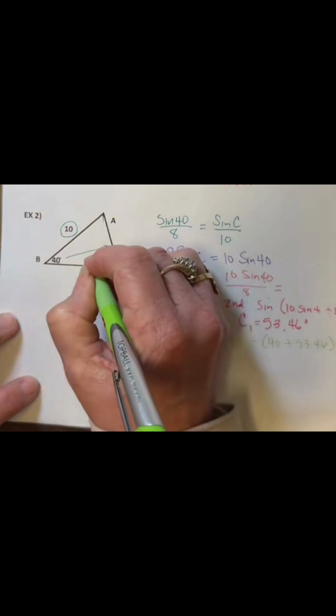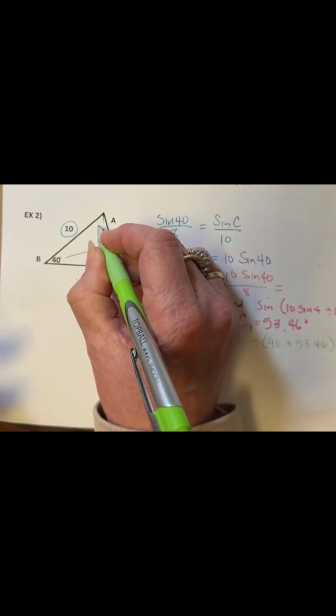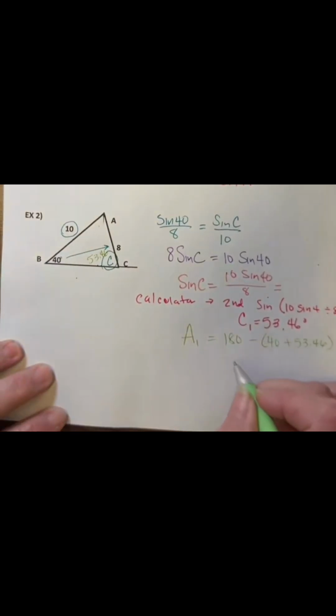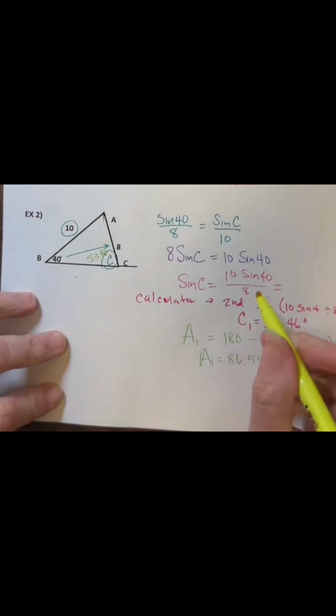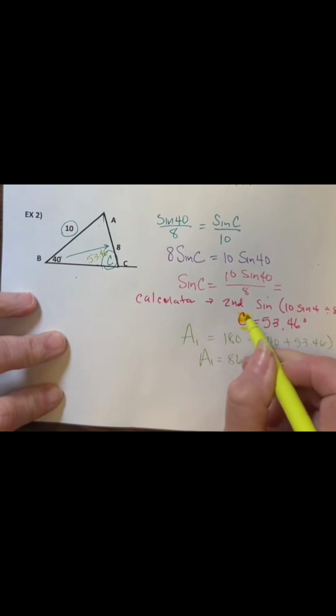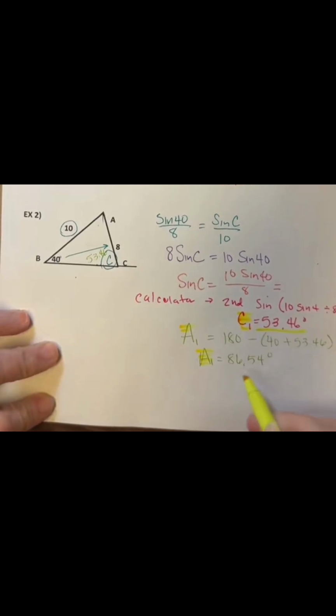So if this is 53.46, we're trying to get the other one. A1 equals 86.54 degrees. So we have C1 and A1. These are the 2 answers so far.